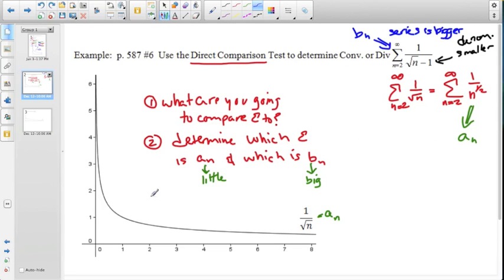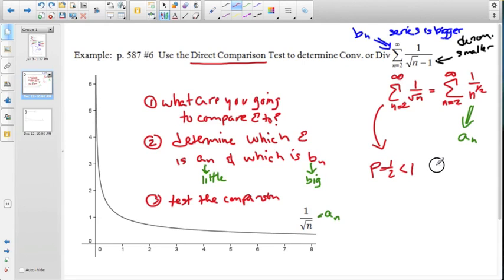At this point we want to test the comparison. This series here, p is equal to a half, and that's less than 1.